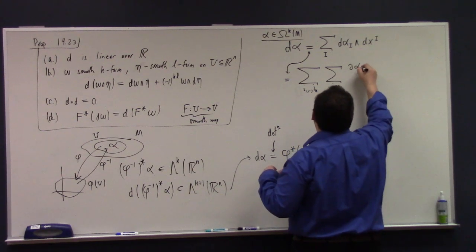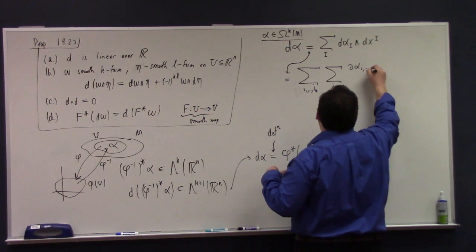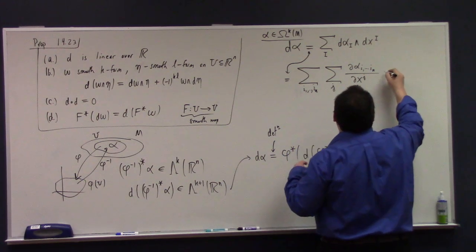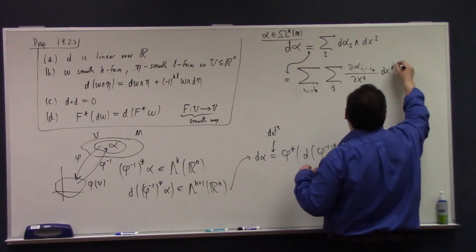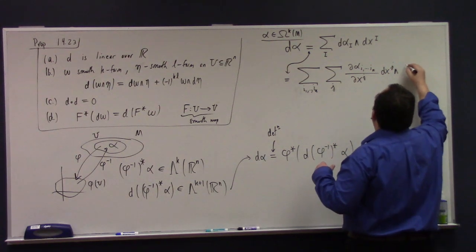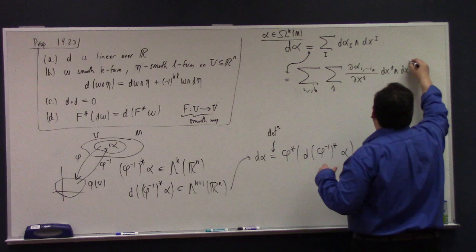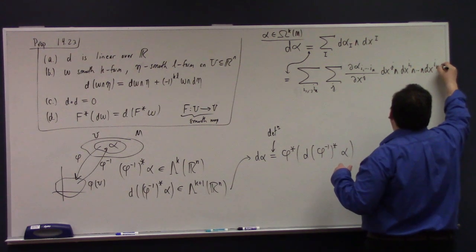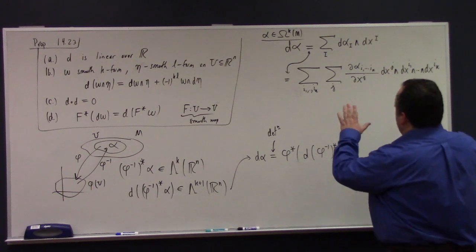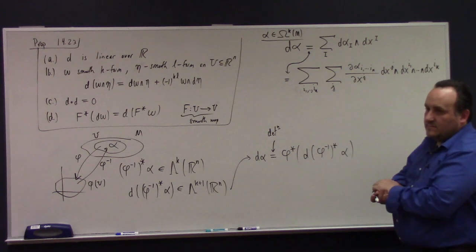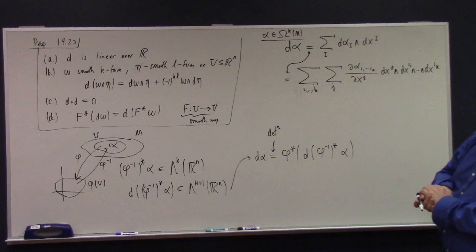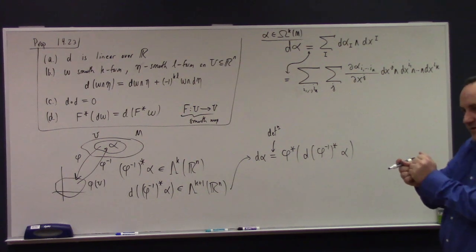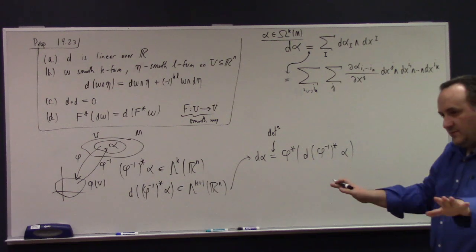I've got the partial of alpha I1 through IK with respect to xJ, dxJ, wedge dxI1 through dxIK. That's what it is, but it's very simple, really. You're just taking the differential of the component functions and wedging it with what's already there.